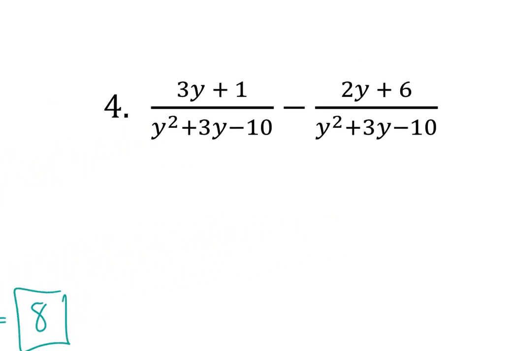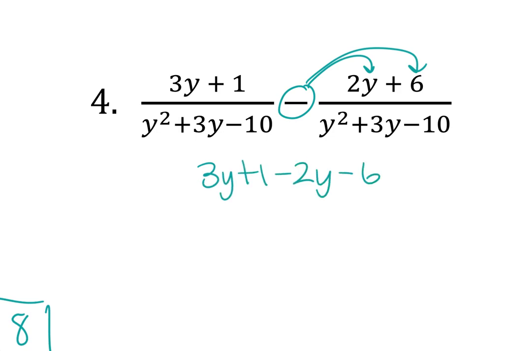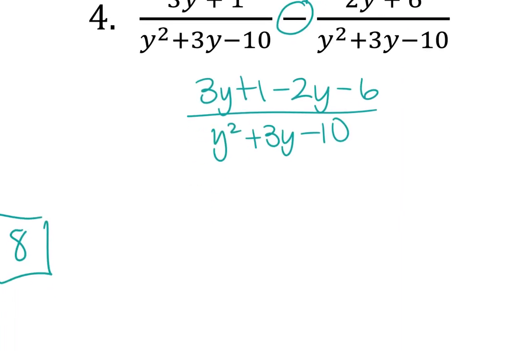Okay, for our last one, again, same thing, common denominator, but we need to make sure we distribute that negative in. So you can almost rewrite it first as 3y plus 1 minus 2y minus 6 all over y squared plus 3y minus 10. Now we simplify. 3y minus 2y is y. 1 minus 6 is negative 5.